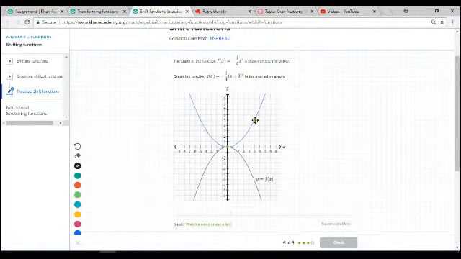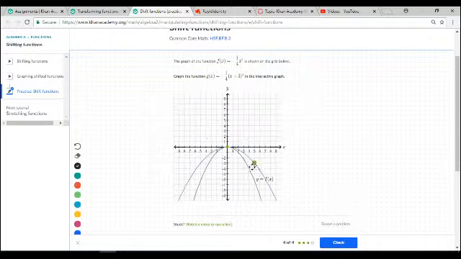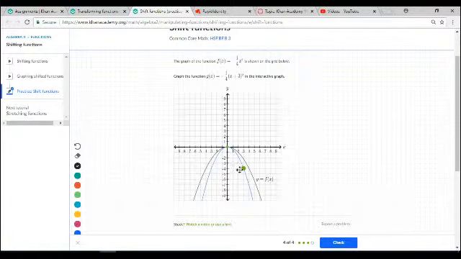So let's go from 5, 5 to 5, negative 5, wait. Oh, sorry, here, what we want to do is go to, let's see, 2, okay, wait, there we go. Alright, we go to 4, negative 4, okay.